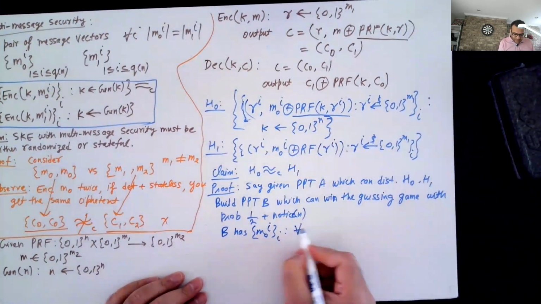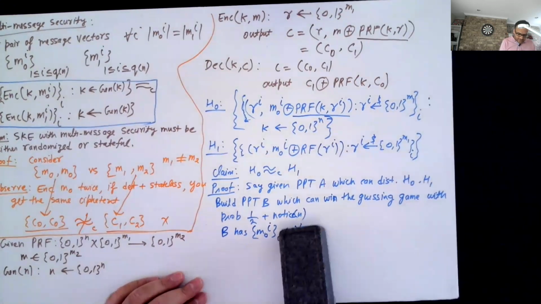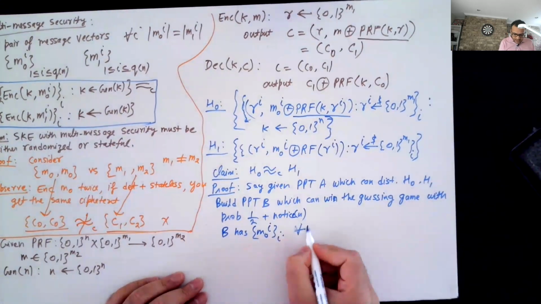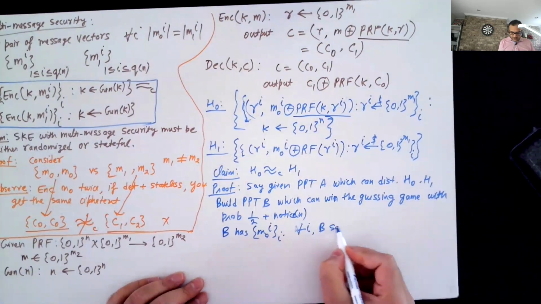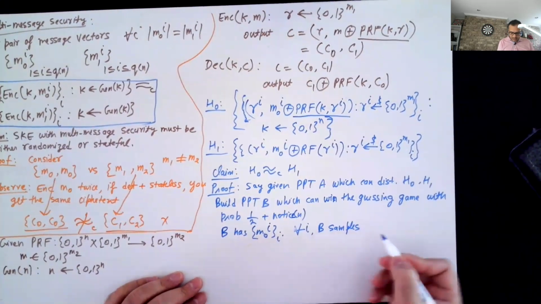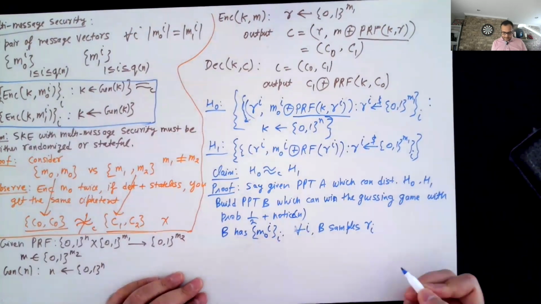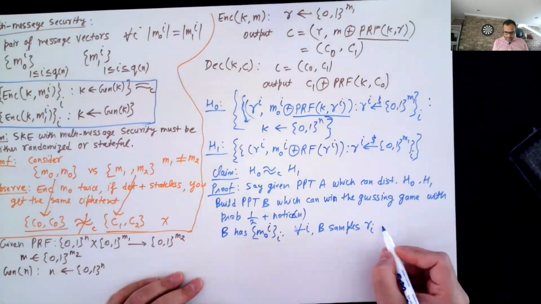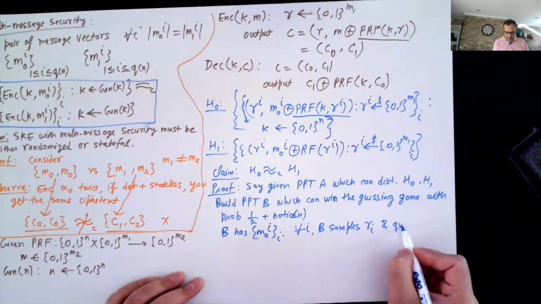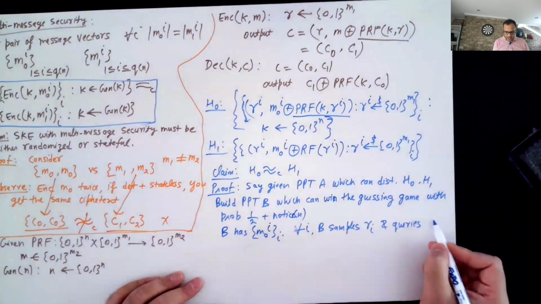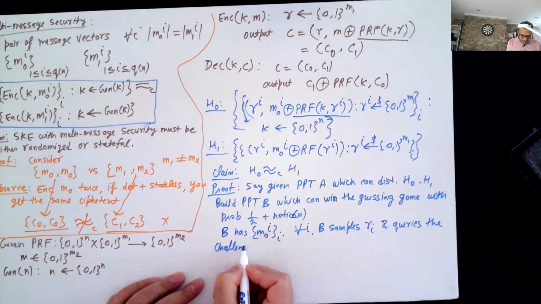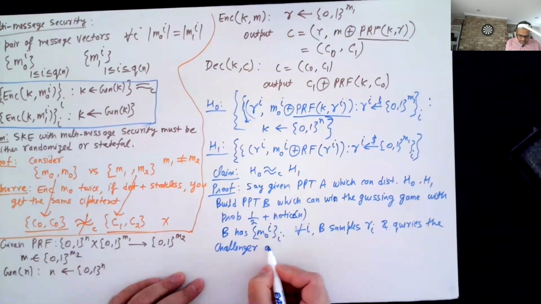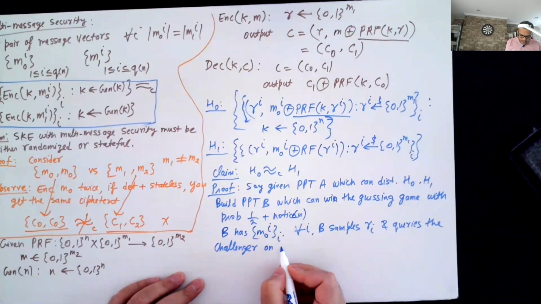And then for every i, B samples ri, and queries the challenger on this ri.